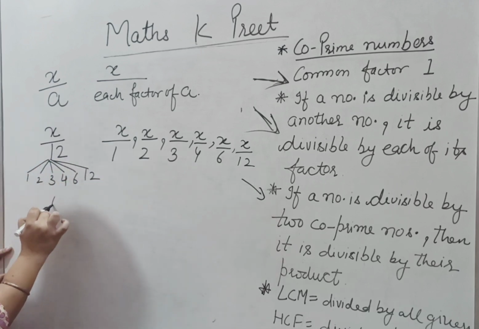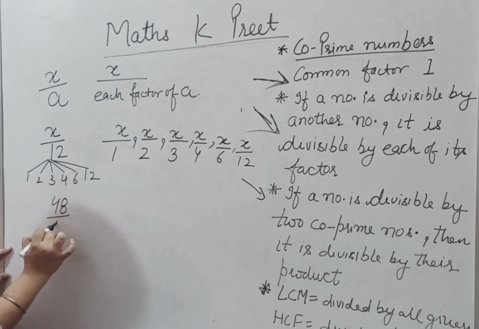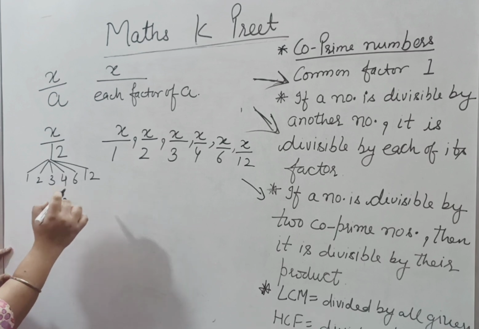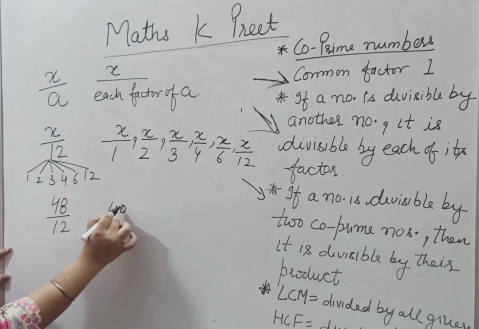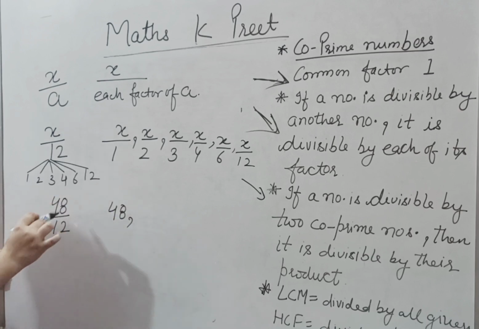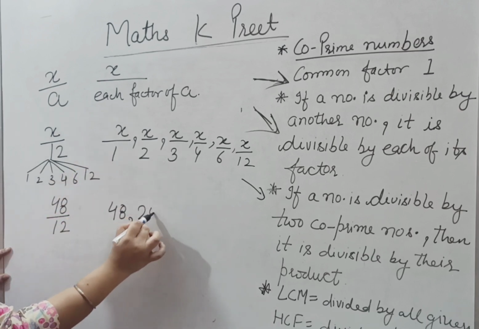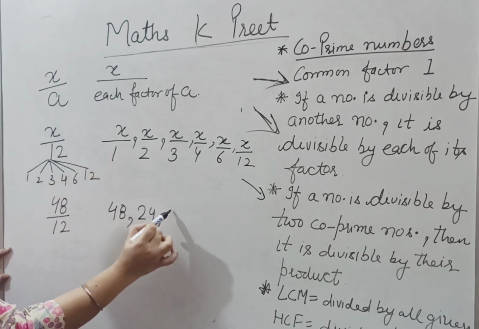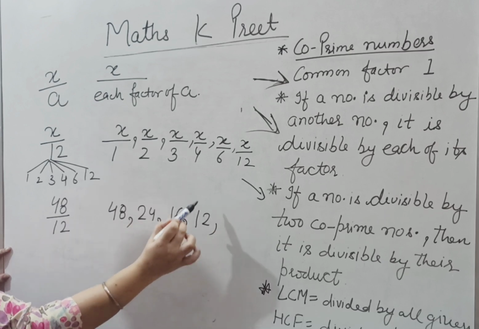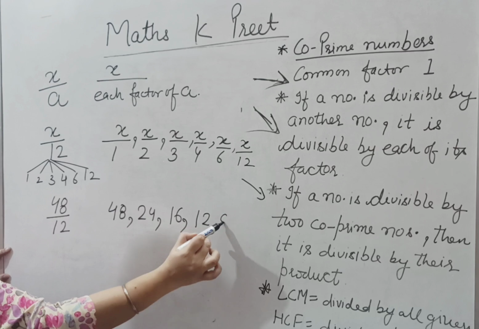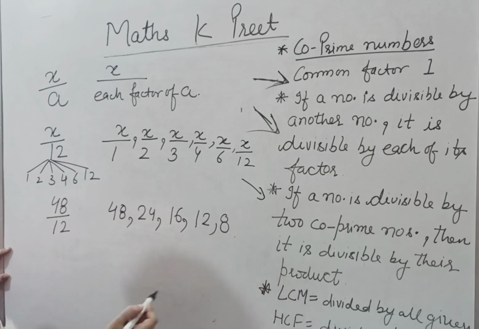Let's take x as 48, say. Clearly 12 is dividing 48. Then 48 is divisible by 1, which gives 48; by 2, which gives 24; by 3, which gives 16; by 4, which gives 12; by 6, which gives 8; and by 12, which gives 4.